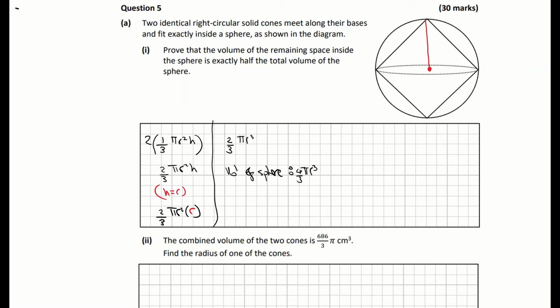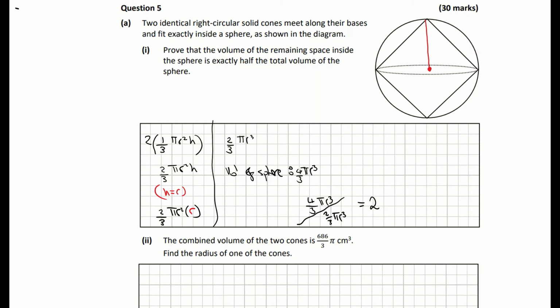Now you can see here that the volume of my two cones is half the volume of my sphere. There are different ways you could finish out this question, but I'm going to take the volume of my sphere, 4/3 pi r cubed, and divide it by the volume of my two cones, 2/3 pi r cubed. When I divide the sphere by the two cones, I get 2.